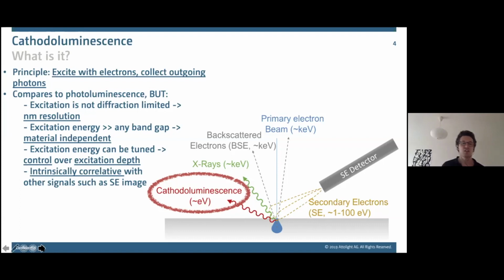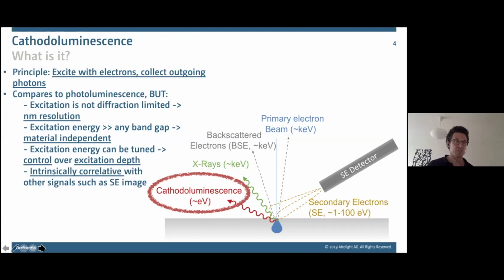The excitation energy of your primary electron beam is much larger than any band gap. So you can be pretty sure that you'll be able to excite any material. This means, for instance, you have diamonds, no problem. You don't need an excimer laser or whatever. You can really just use your electron beam.